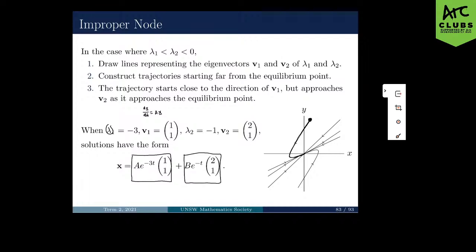We replicate that with every other trajectory that we draw, like so. That's the case where both eigenvalues are negative.